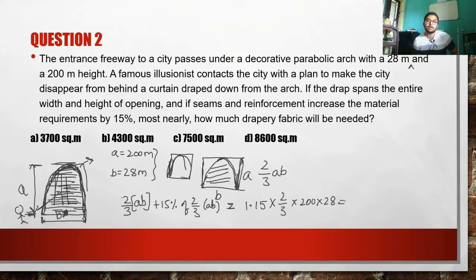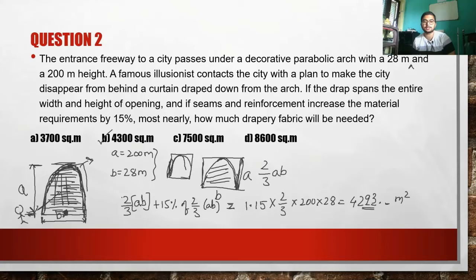Now when you do the calculations, the answer we get is nearly 4200 something. The exact calculation will be 4293 point something, these many square meters, including the extra material we require. So the nearest one among the options is 4300. So that will be the answer for the question.